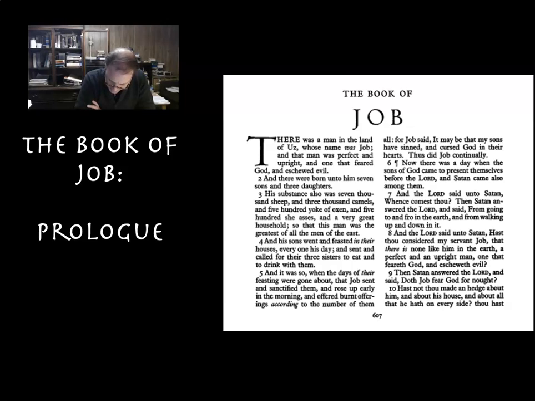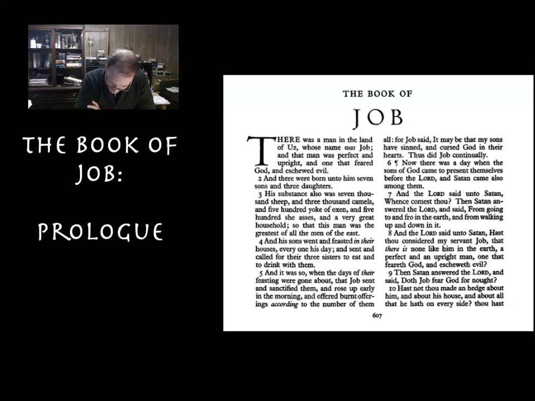And the Lord said unto Satan, Hast thou considered my servant Job, that there is none like him in the earth, a perfect and upright man, one that feareth God and escheweth evil. And he's later on described as the blameless Job. So what is a perfect man here? There's actually a definition.